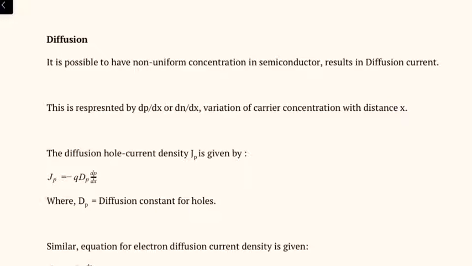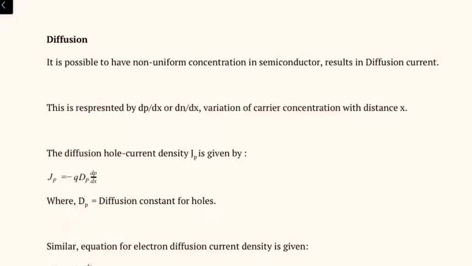In this video lecture, we will discuss the diffusion process and the current which arises due to the diffusion process in semiconductors. In semiconductors, transport of charge may be accounted for by a mechanism called diffusion, which is not ordinarily encountered in metals.